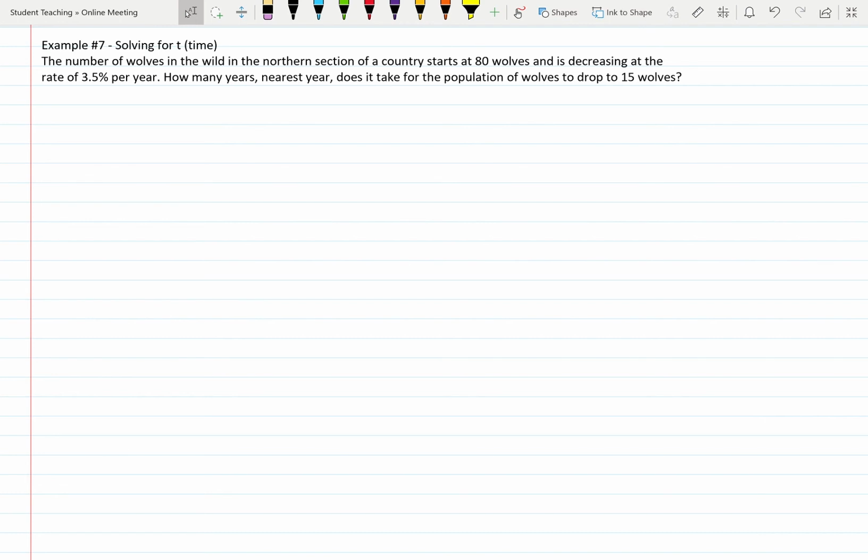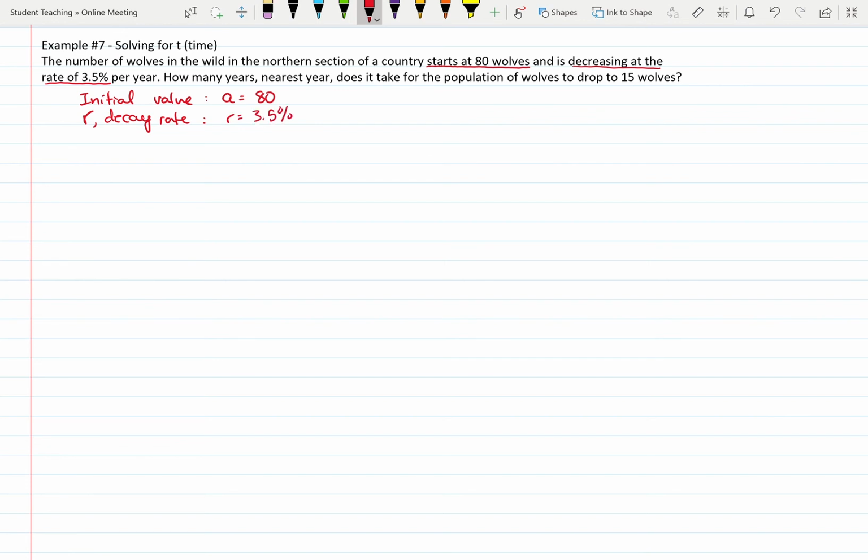Now let's underline some key information. First thing first, it says it starts at 80 wolves. The population starts at 80 wolves, so the initial value a is equal to 80. Now it says it's decreasing at a rate of 3.5%. So r in this case is our decay rate, equal to 3.5%.